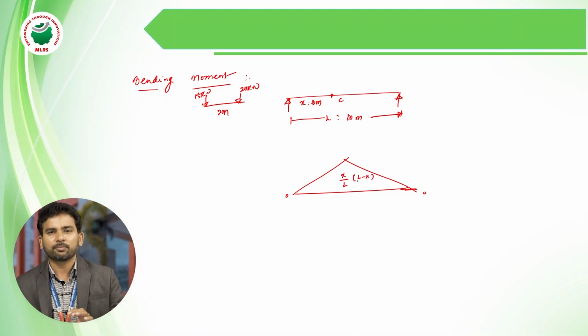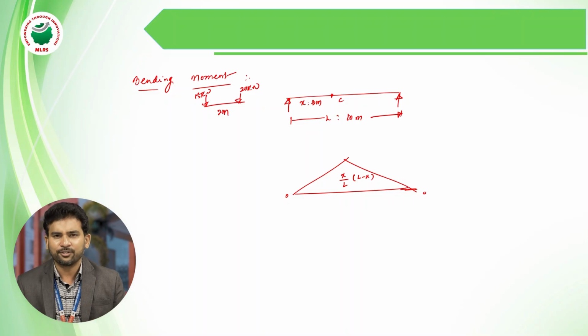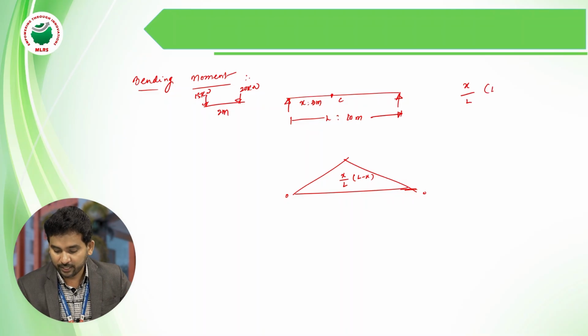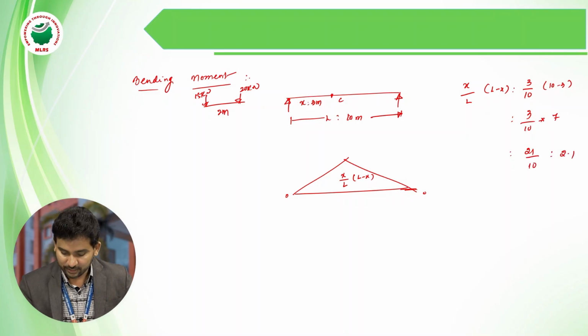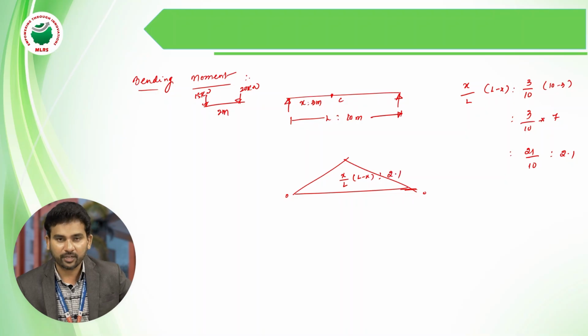So that is 3 by 10 into 10 minus 3, which gives 3 by 10 into 7, 21 divided by 10, therefore 2.1. So the central ordinate is 2.1.